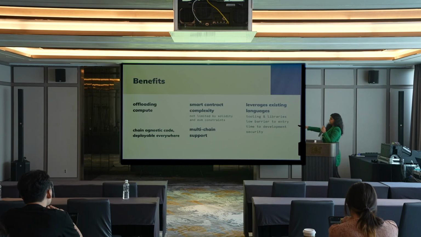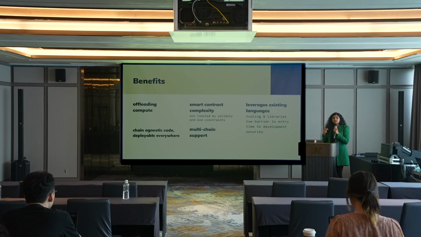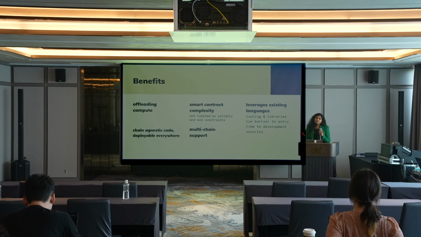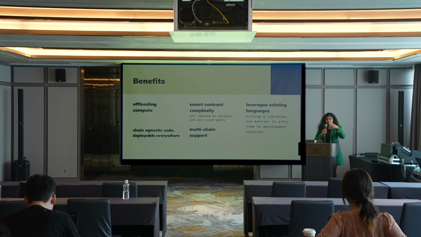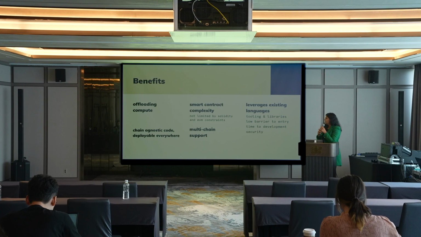Finally, I think this is more specific to Bonsai's benefits, where you're writing this off-chain logic in a chain-agnostic manner. So, for example, you are building an application that needs to work on Ethereum and Solana. Now, in the current environment, you'll write Solana code and Ethereum code, and then have to figure out a way for those to communicate.